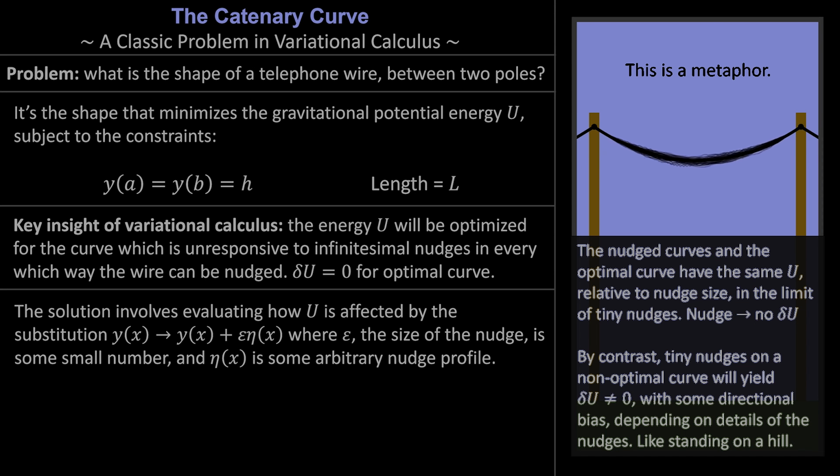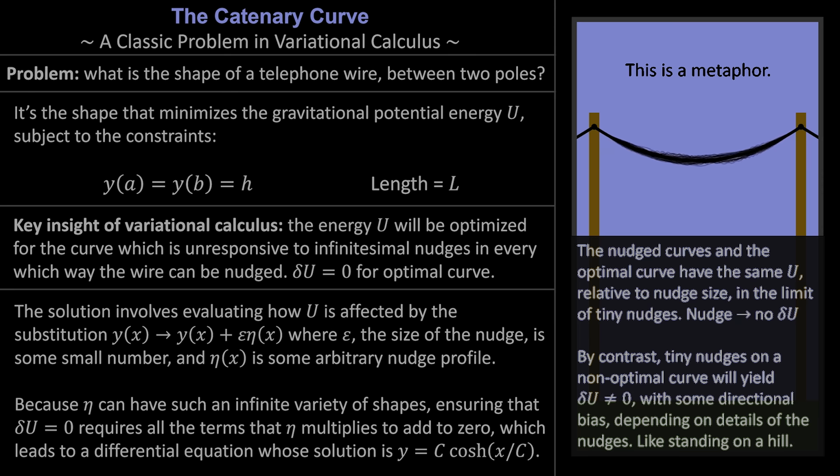You'll find that the only way to ensure that the curve minimizes the gravitational potential energy is to satisfy some constraint in the integrand that ends up giving you a differential equation that you can then solve for the optimal shape of the telephone wire. It ends up being a fairly tedious differential equation, but at the end of the day, you find that it is a hyperbolic cosine. And anyway, that's a lot of work just to be able to say, technically it's not a parabola, but that is what it is.